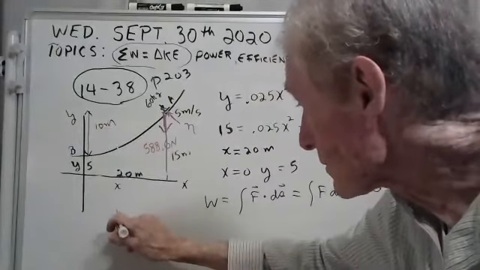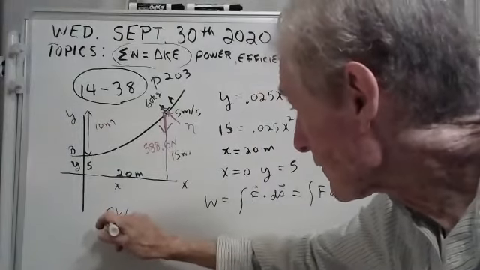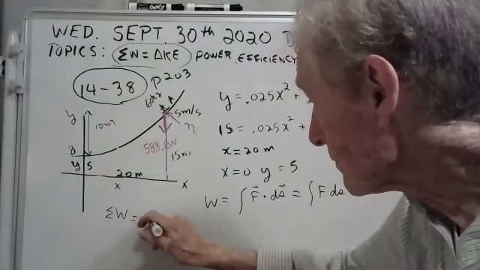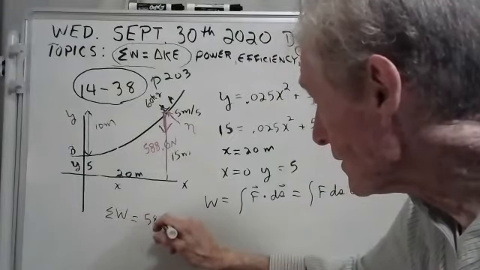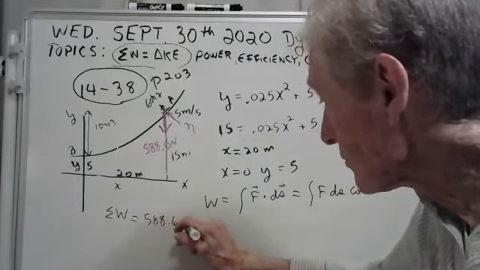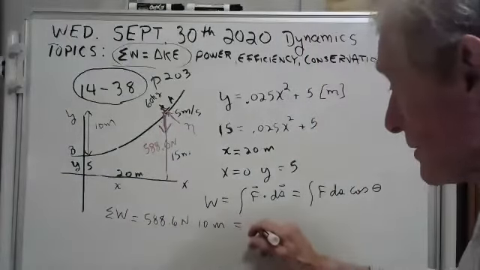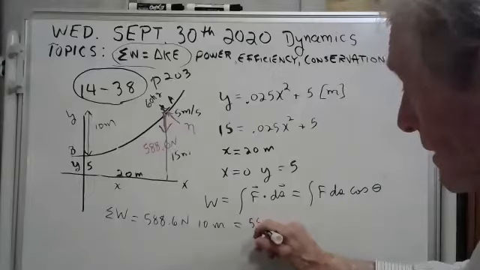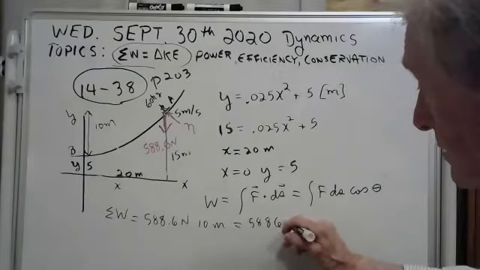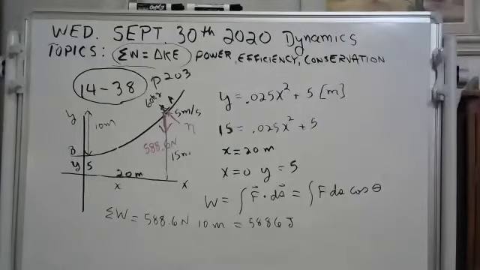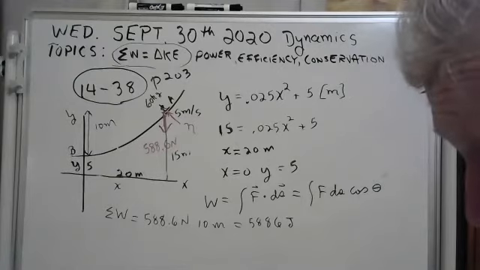So the total work done on the body is 588.6 newtons times 10 meters. I can do that in my head. 5,886 joules. And that's done by gravity. See, the normal doesn't do any work and there's no friction.